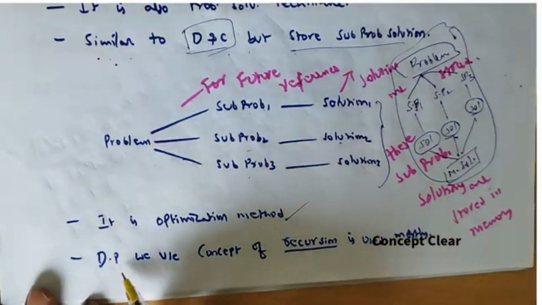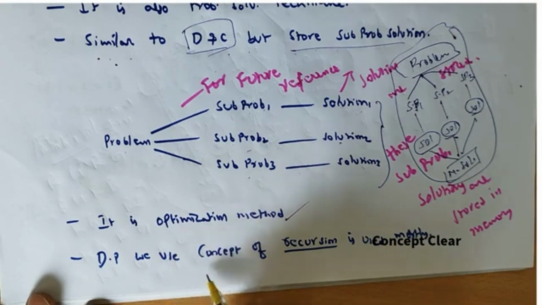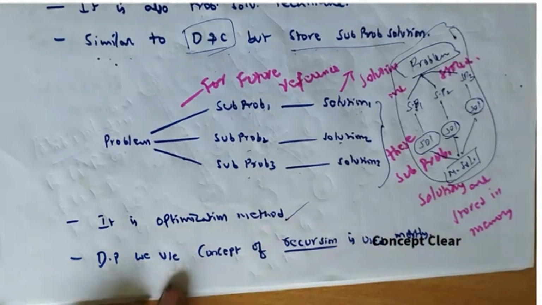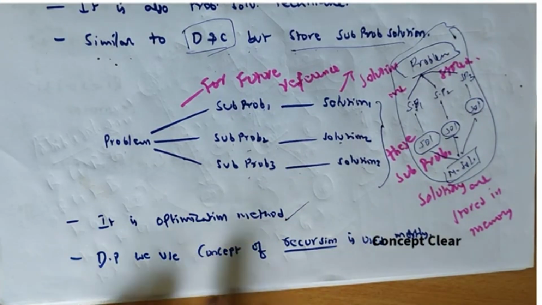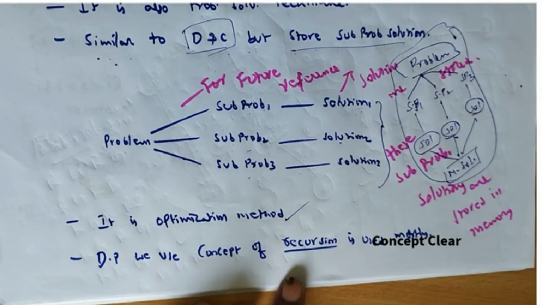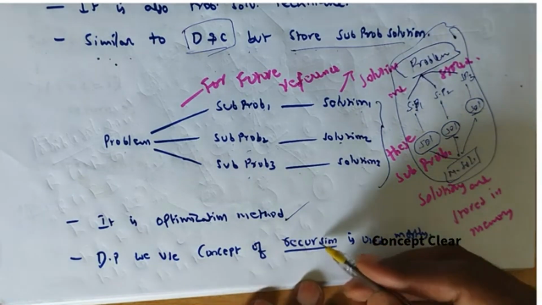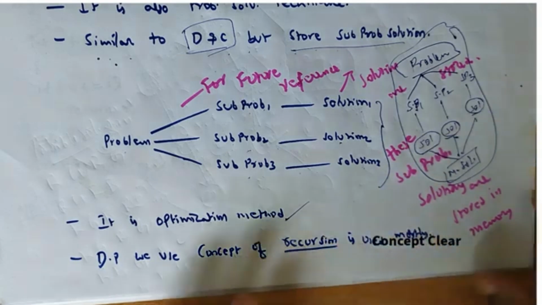And next, in dynamic programming, we use the concept of recursion. Here, what is the meaning of recursion? A single function is defined once and called again and again.